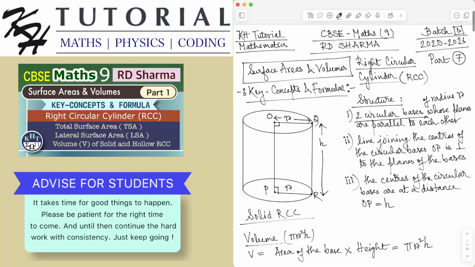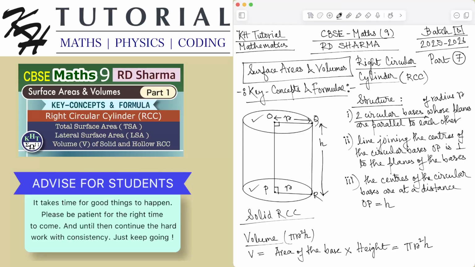So this is a right circular cylinder where the base or end faces are circles. These are the two base faces, end faces, and their planes are parallel to each other. The line segment OP, which joins the centers of the two end face circles, is perpendicular to the plane of the two base faces.